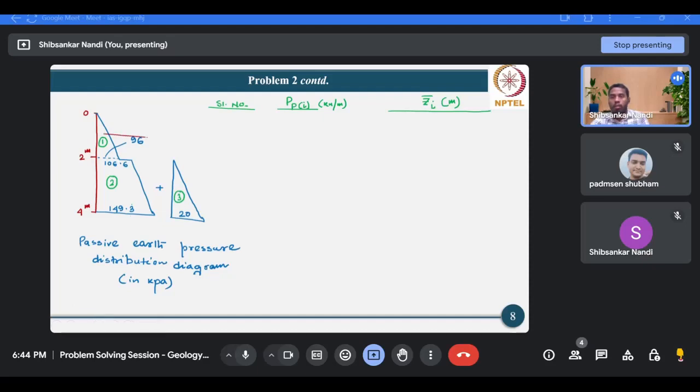Okay, so for example, this is your PP1, and this is your Z1.